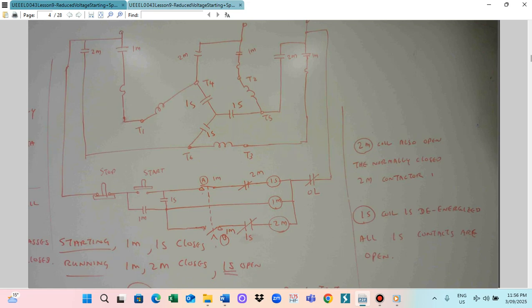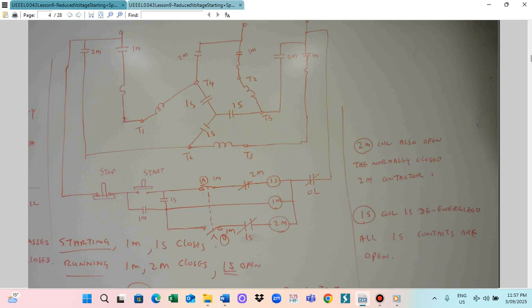So the B1M contactor is closed, which means the 2M coil is energized. 2M coil energized means all 2M contactors are closed.